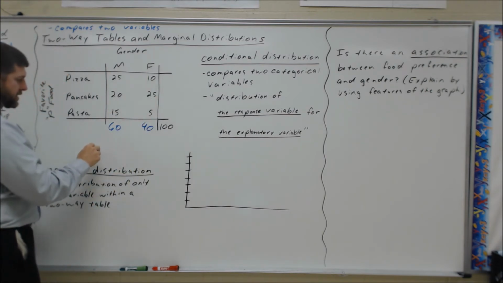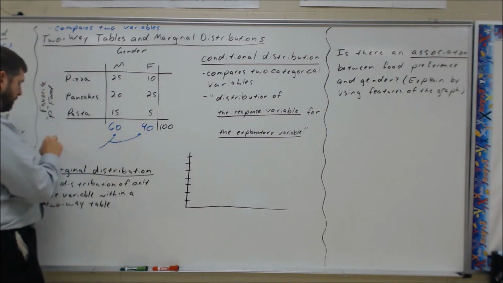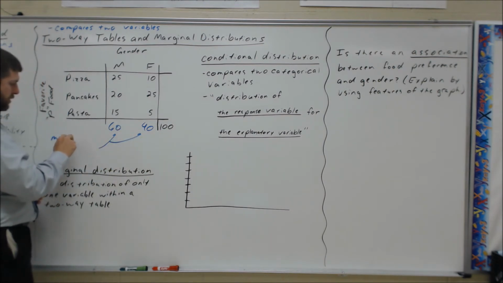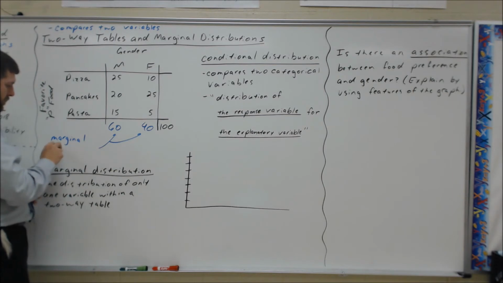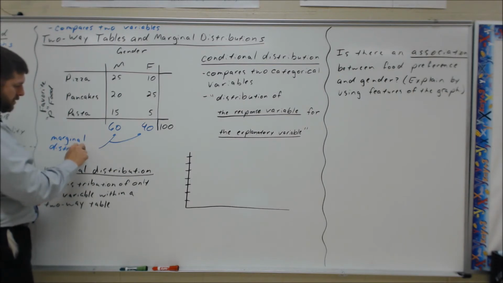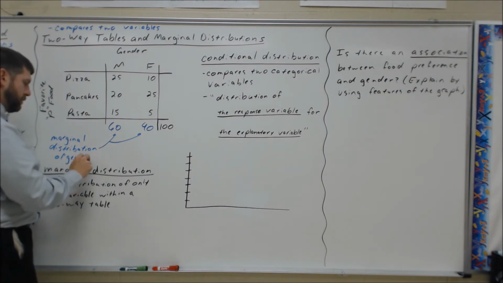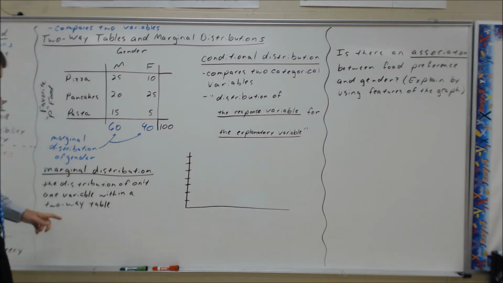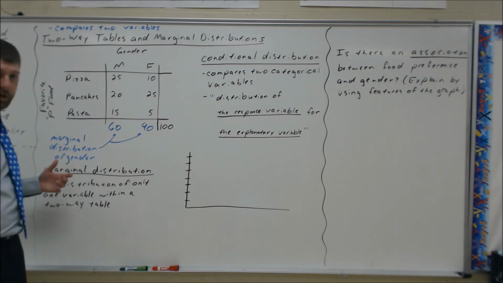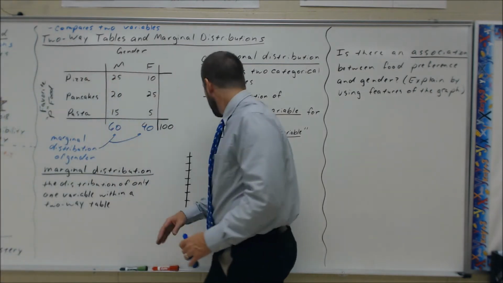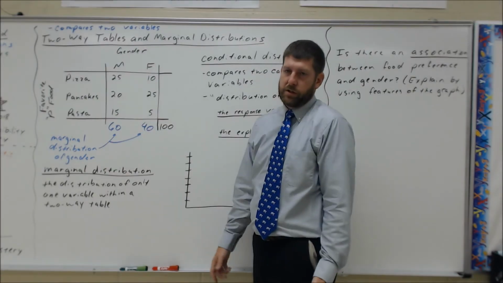This is our marginal distribution of gender. We know the values, male and female, and how many there were, 60 and 40, for just one of the variables. So the marginal distribution of gender just tells me how many of each gender.